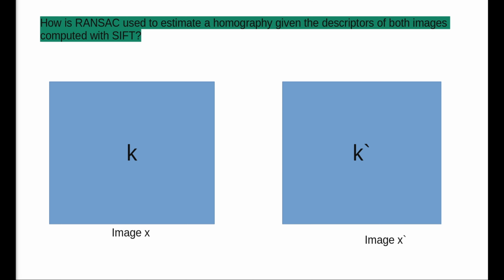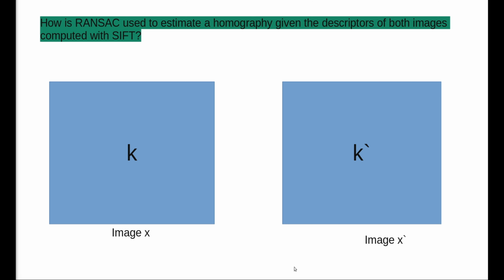And now, how is RANSAC used to estimate a homography given the descriptors of both images computed with SIFT? So here I am trying to represent the process. In SIFT, we first generate key points and the feature vector for each key point. Let's imagine k is a key point in image x and k dash here on the right is a key point in image x dash.